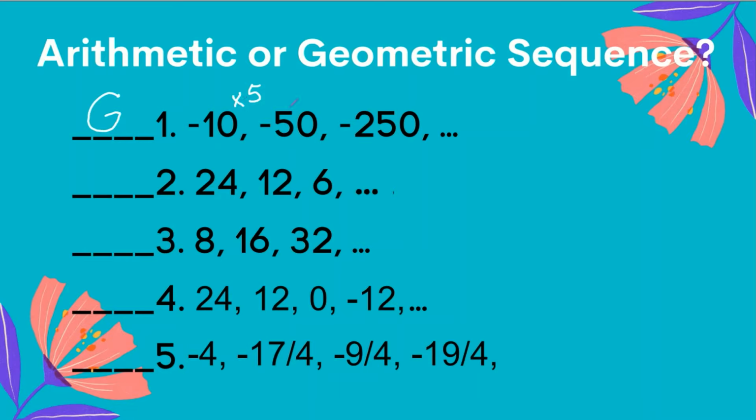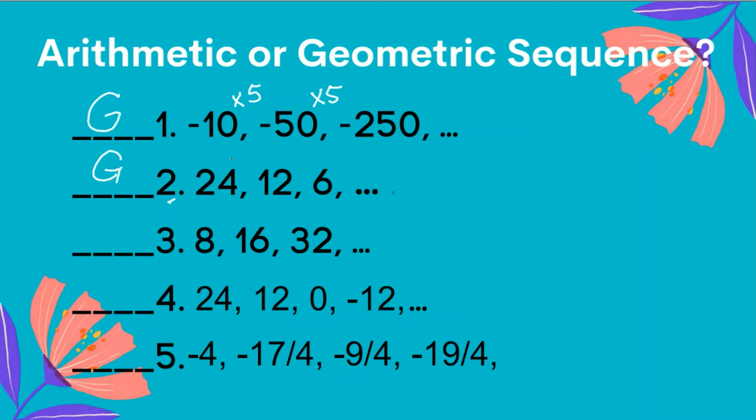So negative 10 times 5, negative 50 times 5, negative 250. Number 2, 24, 12, and 6. Is that arithmetic or geometric? Okay, so this one is also a geometric sequence. We are multiplying these terms by 1/2. So 24 times 1/2 is 12, times 1/2 is 6, and so on.